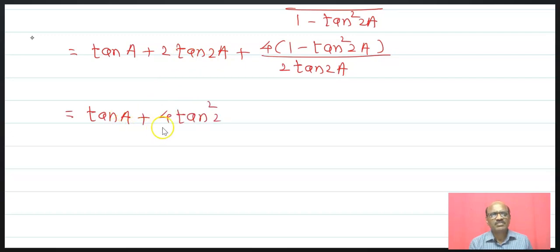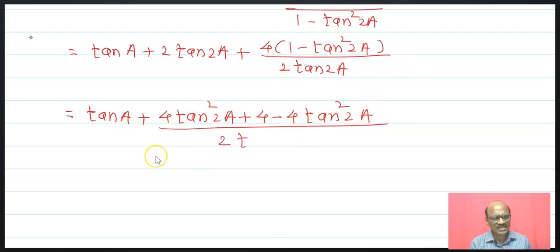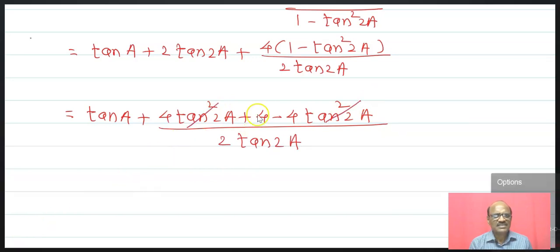That is tan of A plus 4 tan square 2A plus 4 minus 4 tan square 2A. Now these two terms will again get cancelled. If you multiply 2 tan 2A by 2 tan 2A, you will get 4 tan square 2A plus 1 into 4, 4 and minus 4 tan square 2A. These two terms get cancelled.